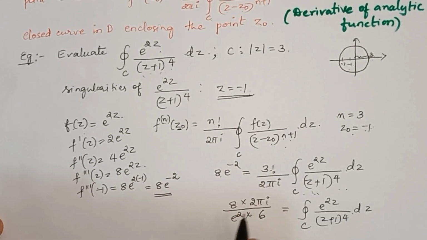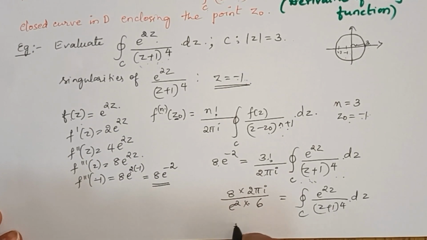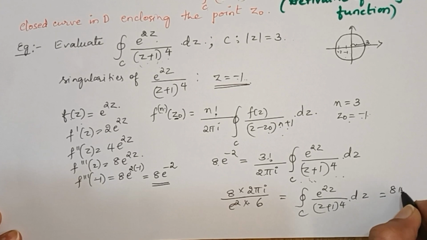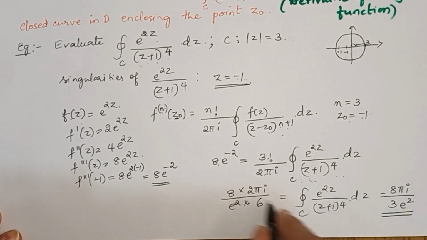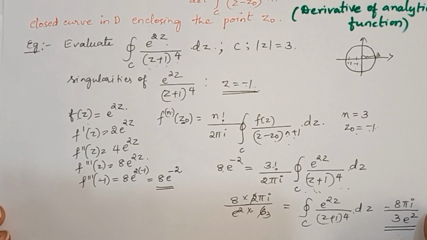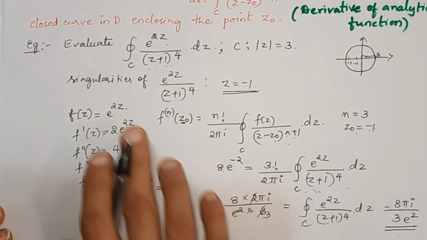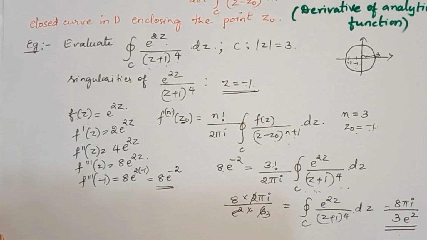So when you simplify all these, this full integral is equal to 8 pi I divided by 3e square. You can check with this: 2 ones are 2, 2 threes are 6, so 8 pi I divided by 3e square. This is the value of the given integral, which is evaluated using the generalized Cauchy integral theorem.